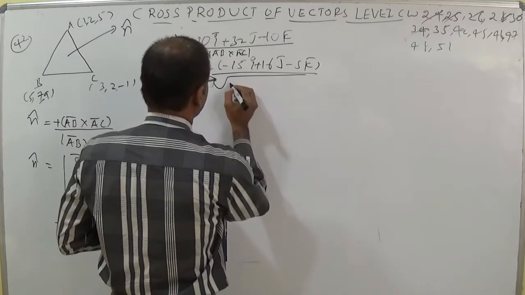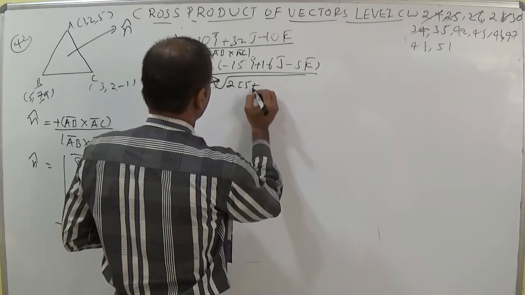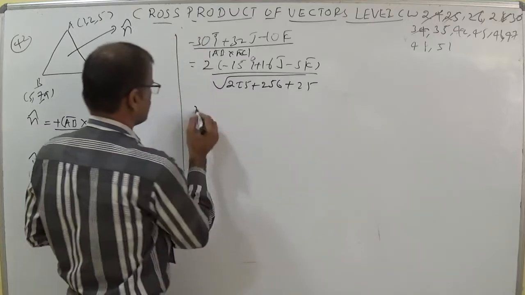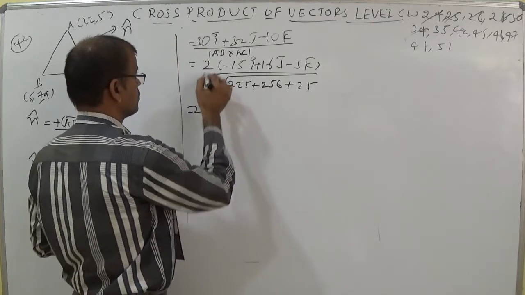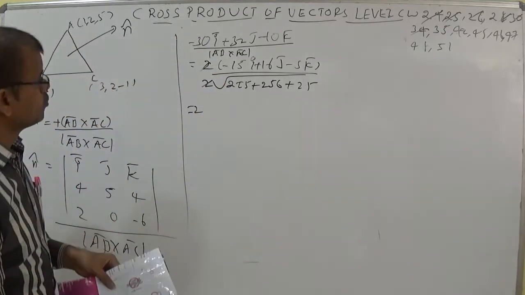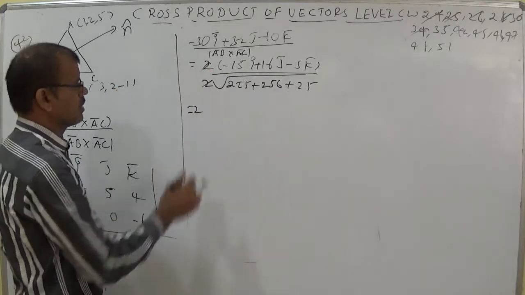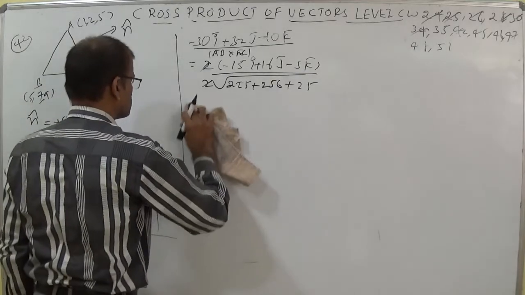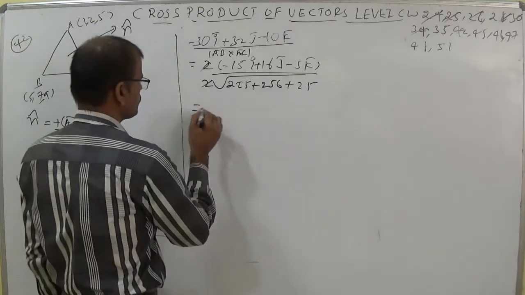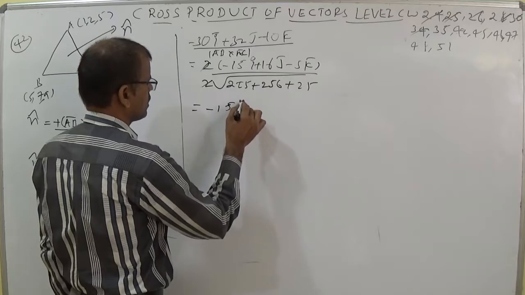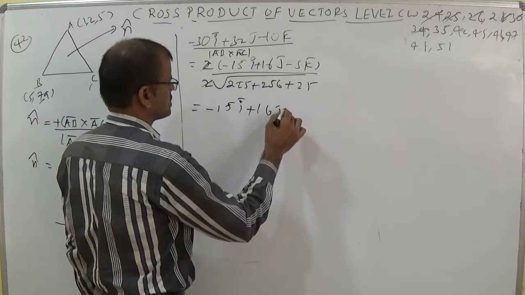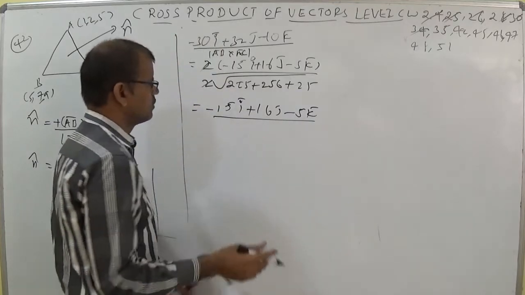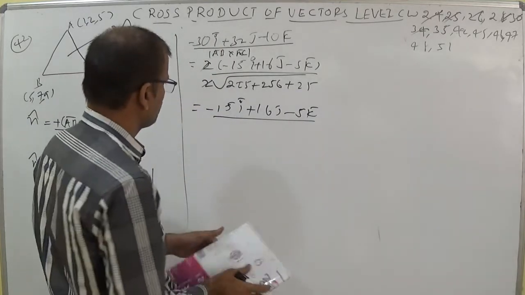Root of 15 whole square plus 16 whole square plus 5 whole square, which is 25. The 2 should also be put in the denominator, so it gets cancelled. Now you can write minus 15i plus 16j minus 5k whole by the total value, according to the option, root 506.